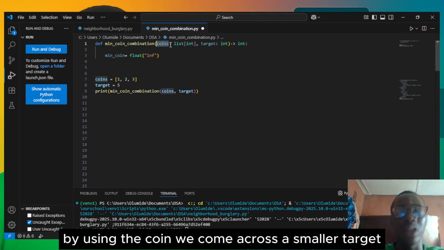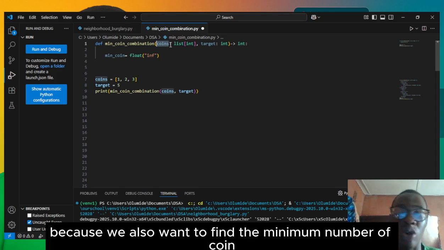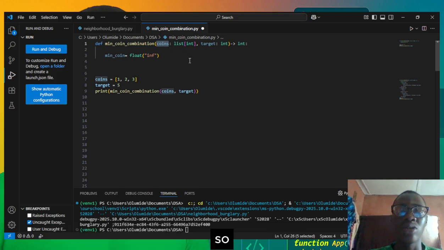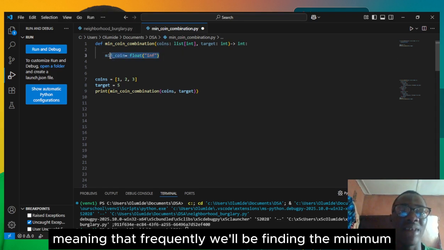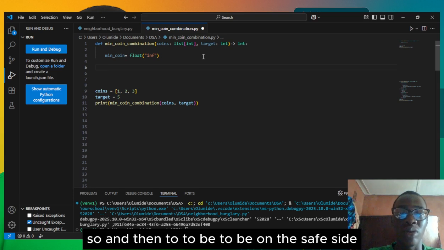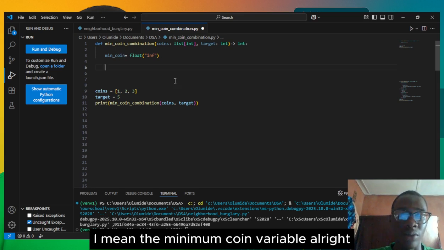By using the coin, we come across a smaller target, and that's just a sub problem. Why? Because we also want to find the minimum number of coins that's gonna sum up to that smaller target. So meaning that frequently we will be finding the minimum, right? So, to be on the safe side, we are setting it to infinity at first. I mean the minimum coin variable.